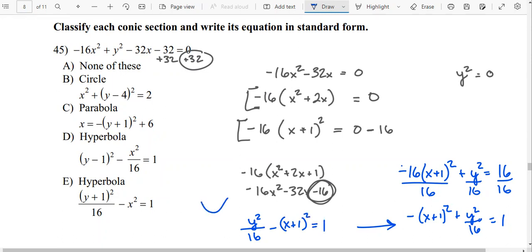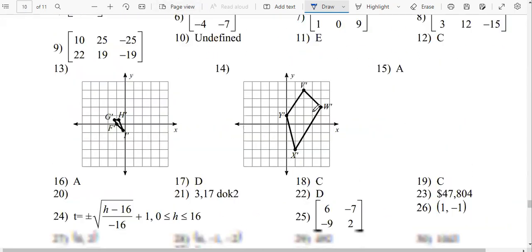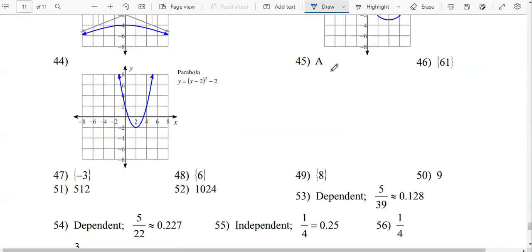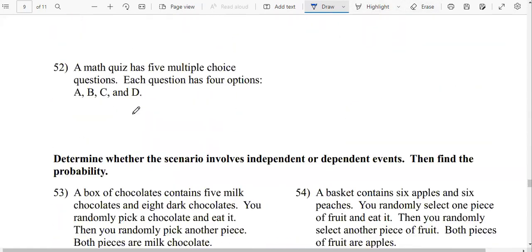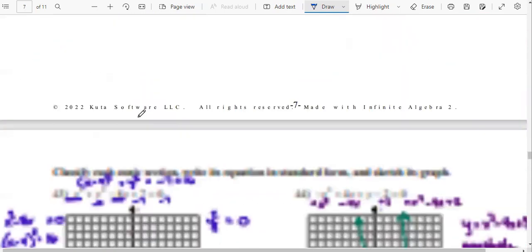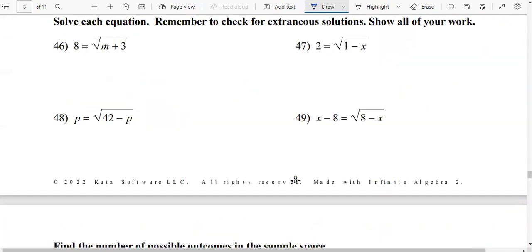And it's a hyperbola that opens up like this. See, these say hyperbola. These do not. However, both of our equations are wrong. So as long as we did this right, which I feel pretty good about, then we are correct. It's a hyperbola. None of those are the correct thing. So it's 45A. Let's have ourselves a scroll. Boom. Okay. We will pick back up with the fun on number 46 in the next video.